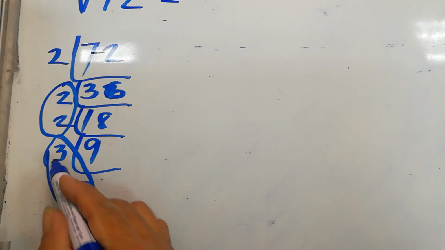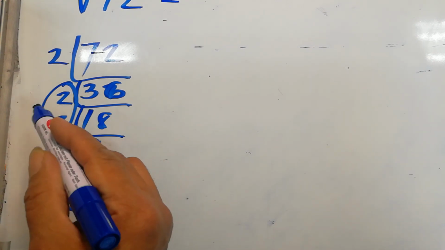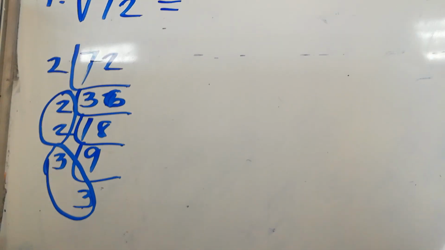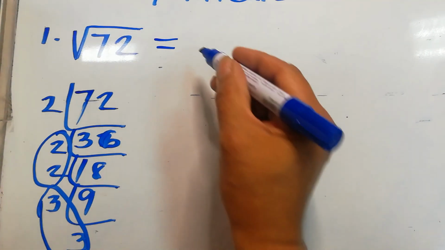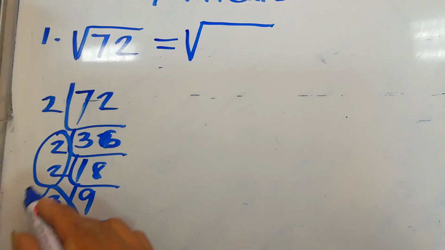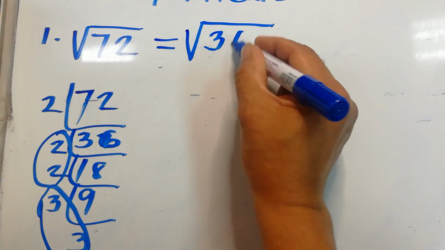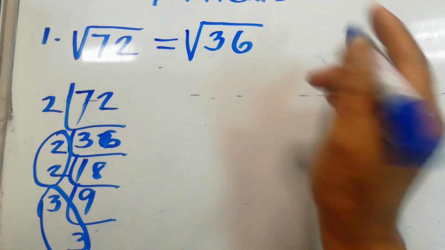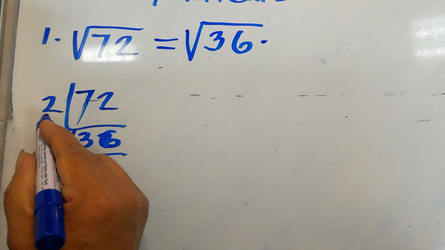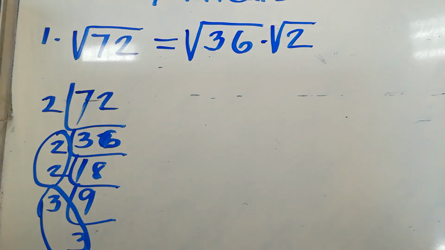If we multiply 3 times 3 times 2 times 2, that is now your greatest perfect square factor. So it is the square root of 3 times 3, 9, times 2, 18, times 2, 36. And the remaining factor is your non-perfect square factor, which is 2.